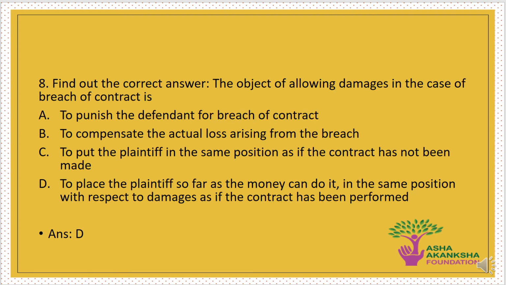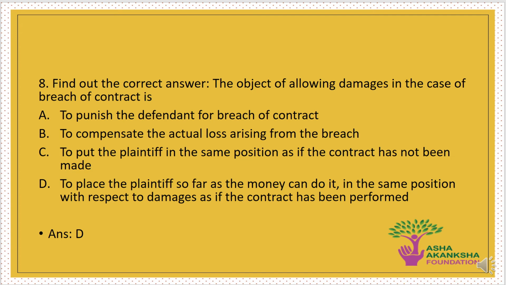The next question is, find out the correct answer. The object of allowing damages in a case of breach of contract is blank. The options are A, to punish the defendant for breach of contract, B, to compensate the actual loss arising from the breach, C, to put the plaintiff in the same position after the contract has been made, or D, to place the plaintiff so far as money can do it in the same position with respect to damages as if the contract has been performed.